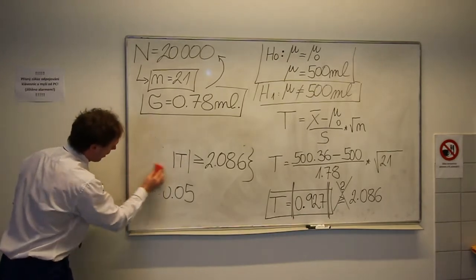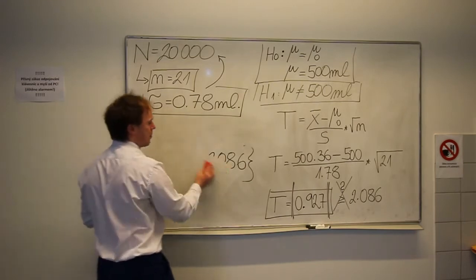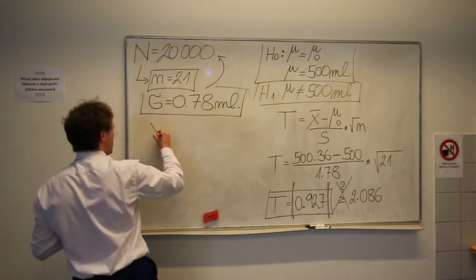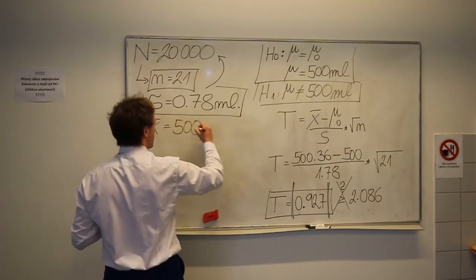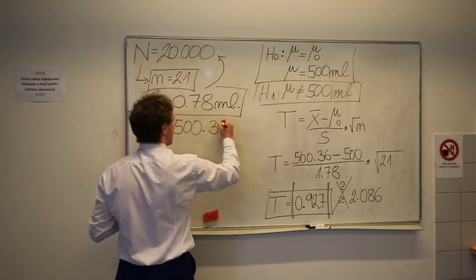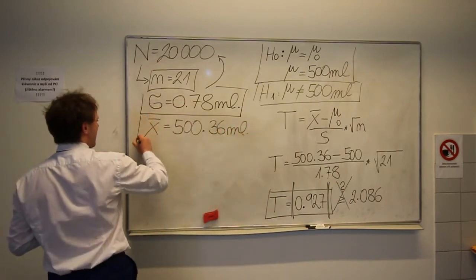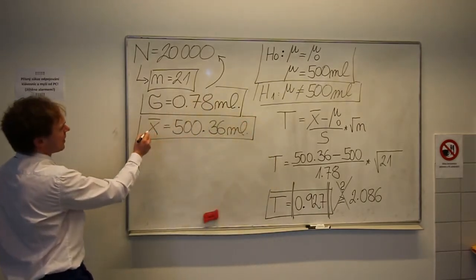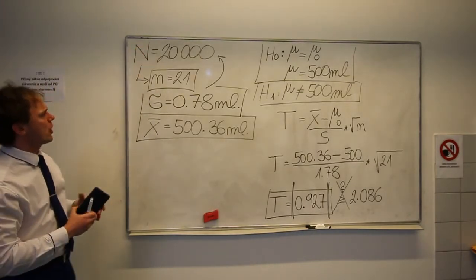Only one sample statistic is your sample mean, the calculated sample mean, which is x with stripe equal to 500.36 milliliters of beer. So this is a sample characteristic. This is a characteristic of this population.